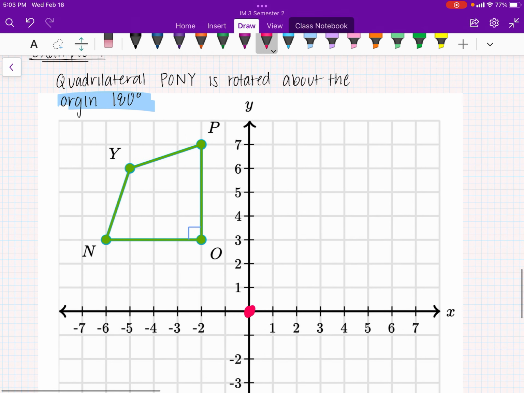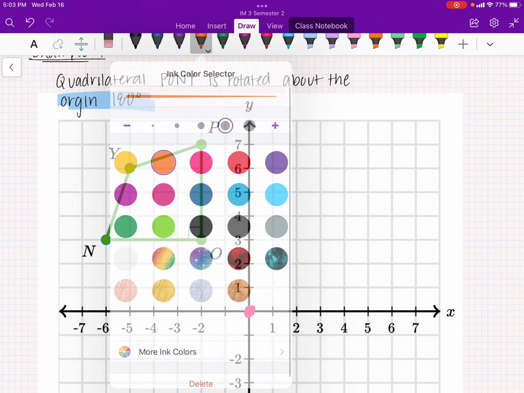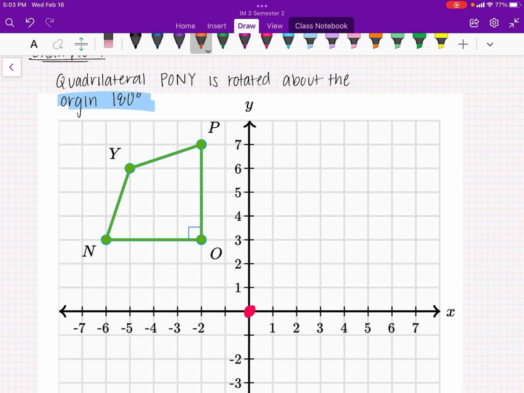So at (0, 0). Now, in this case, the formula for 180 degrees, all it was doing with the values of our point was switching the signs. So if we had (x, y), then the rotation there would be (-x, -y).